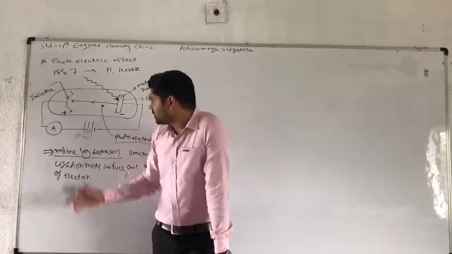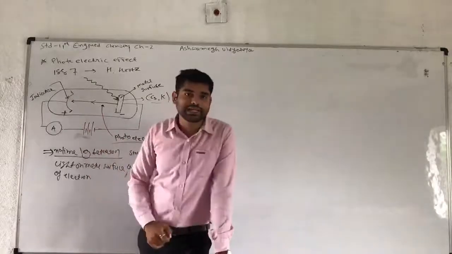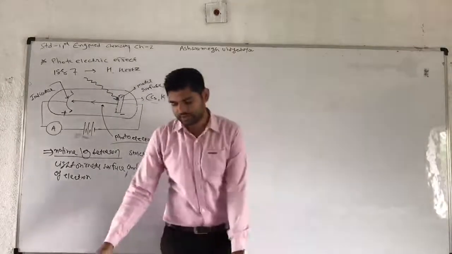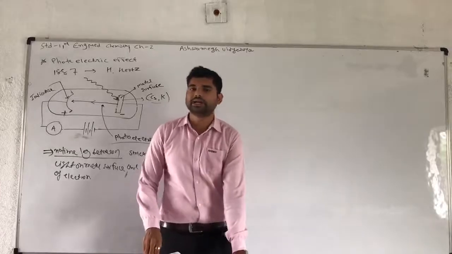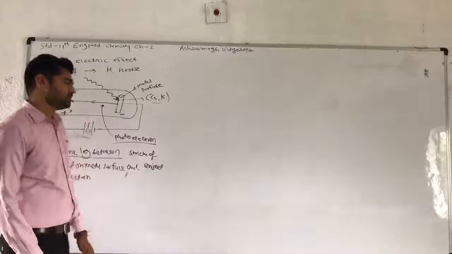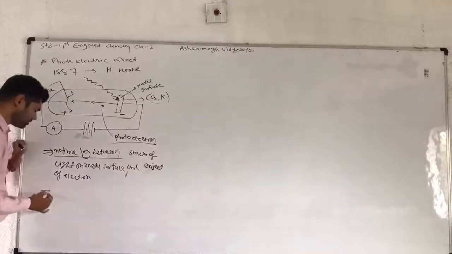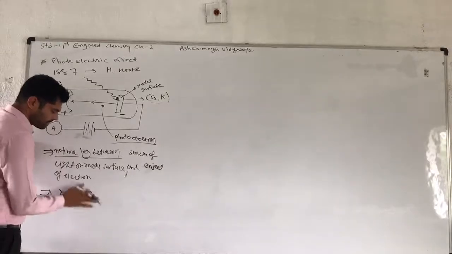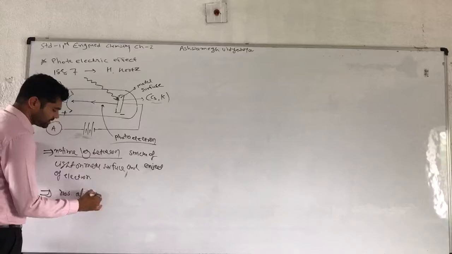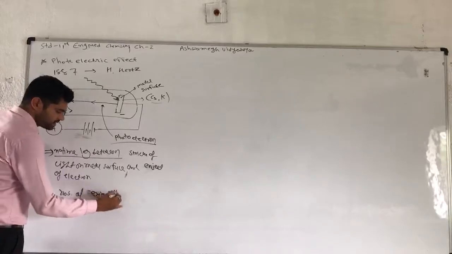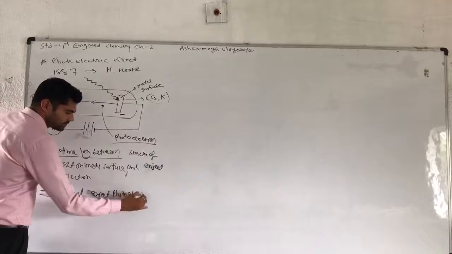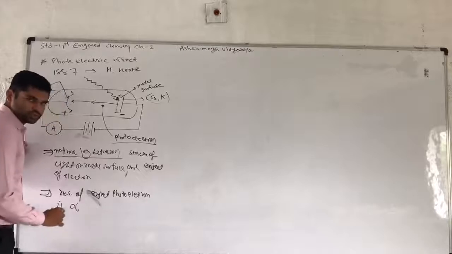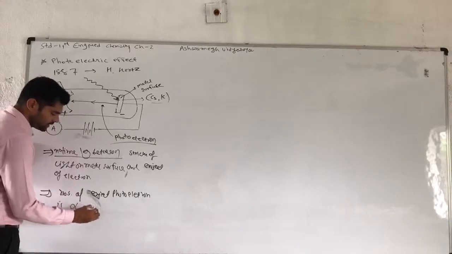Now the second statement: the number of photoelectrons radiated depends upon the intensity of light. It means the number of ejected photoelectrons is proportional to the intensity of light.